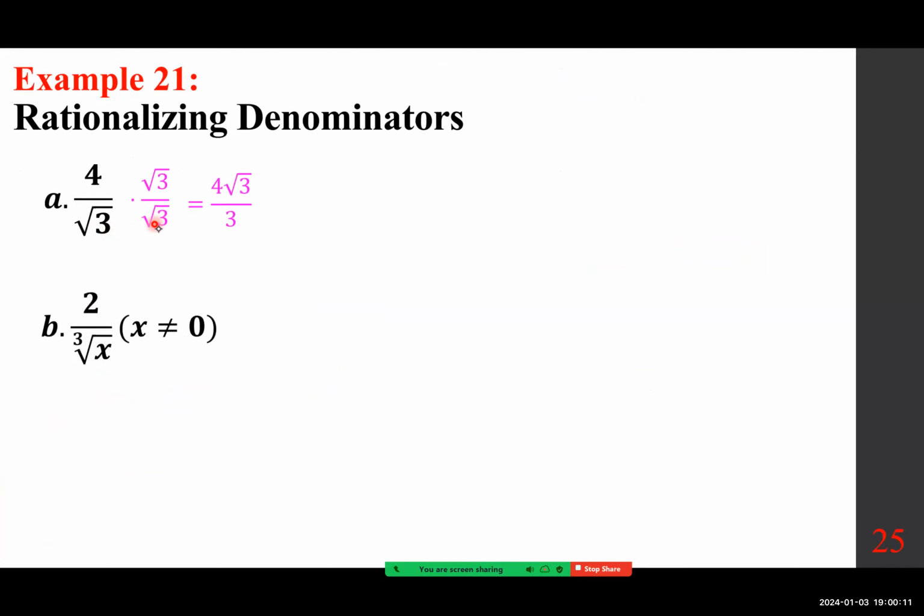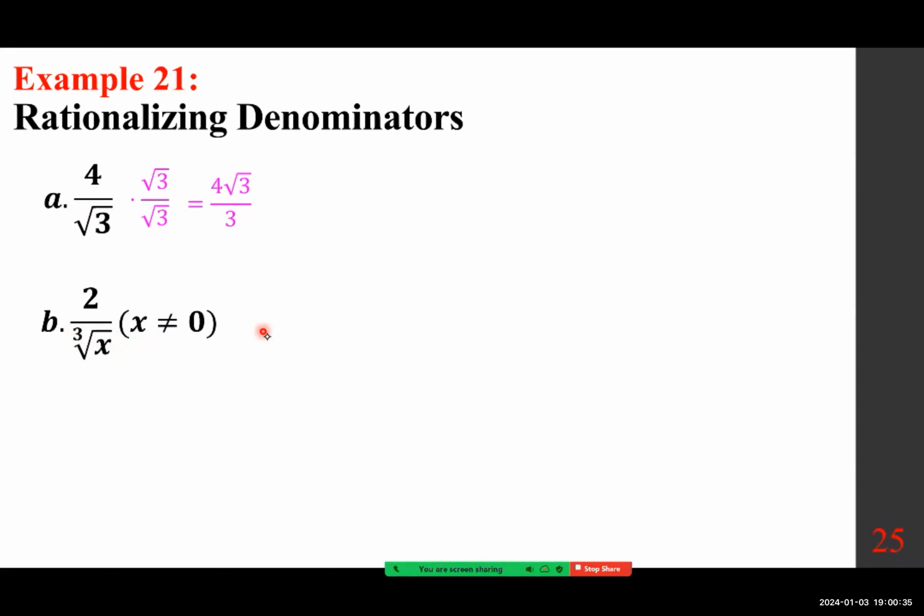However, if you look at this one, and again, the denominator can't be 0. The exponent here was 2, so one of it would do the job, but here the exponent is 3. So if I multiply by cube root of x over cube root of x, I get cube root of x squared. Doesn't do me any good. Because this is 3 and this has exponent 1, I need exponent 2 here.